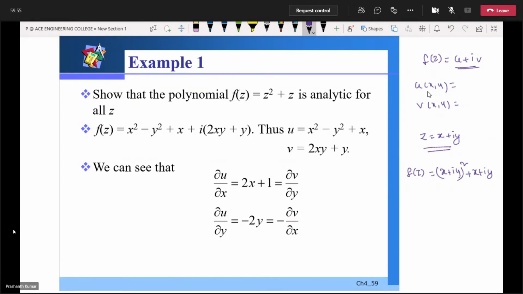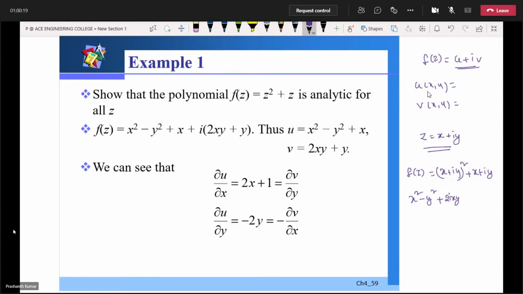This is the (a plus b) whole square formula. x square plus (iy) square is what? (iy) square ఏమవుతుందండి? i square is minus 1, therefore minus y square అవుతుంది. Plus 2ixy.